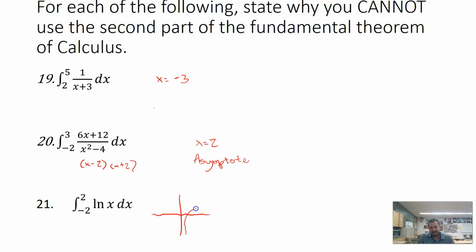That graph looks like this. The problem for the ln of x is it starts existing just barely to the right of x equals 0. This is an integral going from -2 to +2, so I can't do that because I can't find any area over here. So most of those are either it does not exist. Again, I screwed up on number 19 and I apologize. And then number 20, there is an asymptote there.